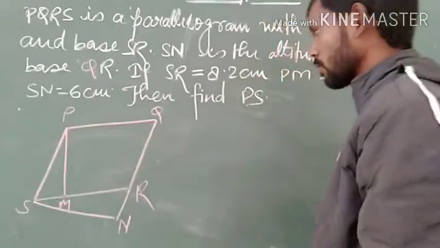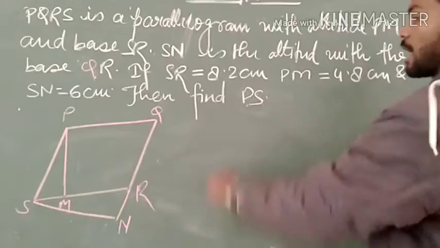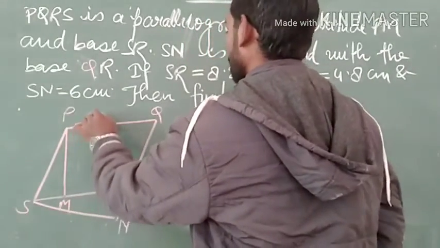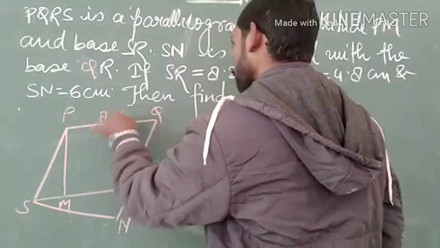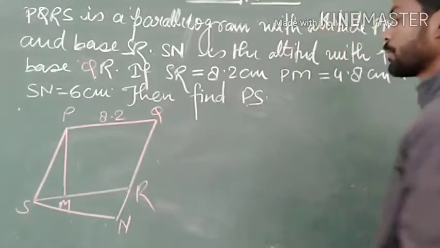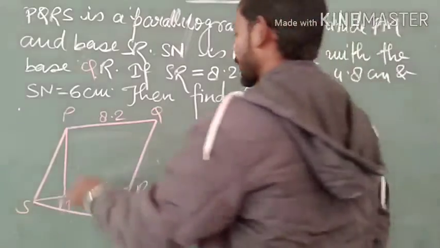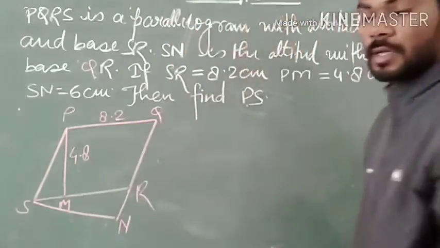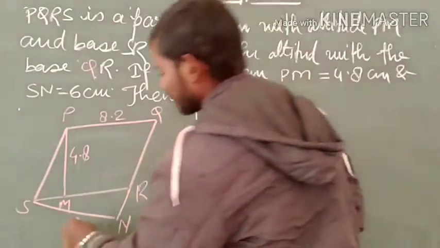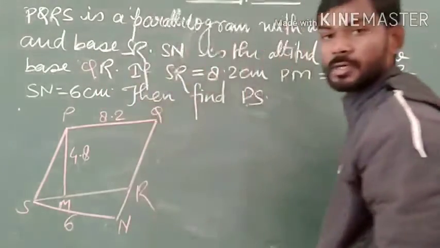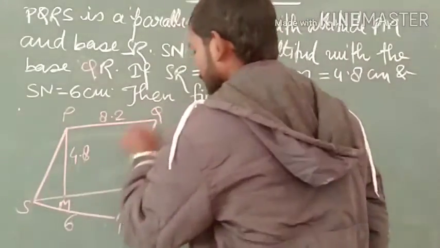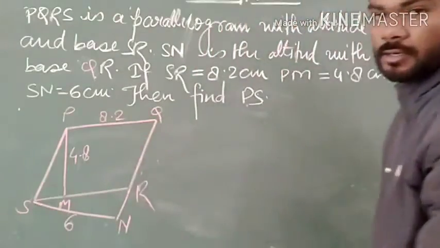SR, that is the base, is 8.2 centimeter. PM, that is the height, is 4.8 centimeter, and SN is 6 centimeter. So we have to find the value of PS, that is QR.